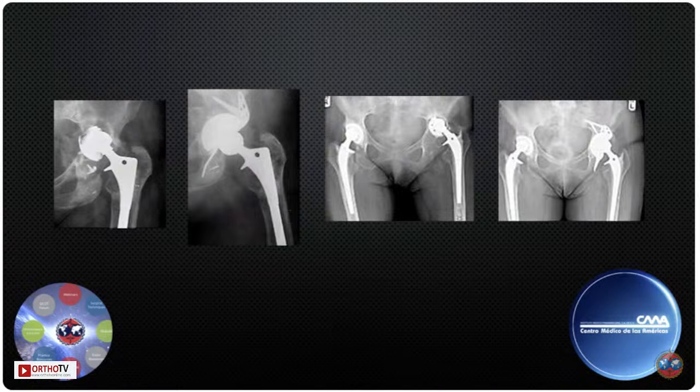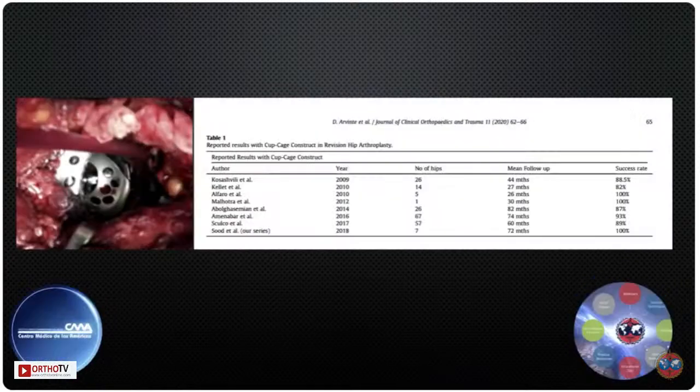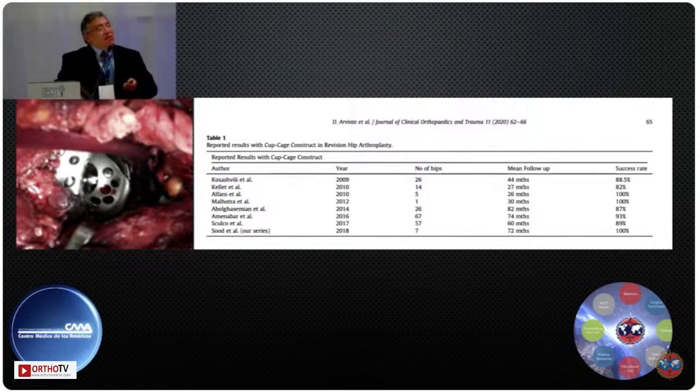My colleague before me talked about these kinds of devices that we can use in these cases. And the reported results with cup cage constructions in revision hip arthroplasty. You can see it by author, year, number of hips, minimum follow-up. These are the principal means by which they show the results and the success rates.